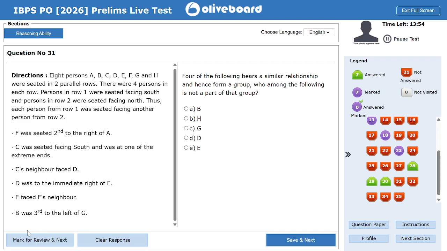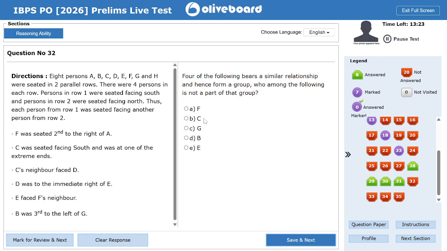Then B was third to the left of G. कोई पॉसिबिलिटी यहाँ पर नहीं है. थर्ड टू द लेफ्ट ऑफ G हो गए. फोर ऑफ द फॉलोइंग BH G, BDGE, H के अलावा सभी रो 1 में हैं. ओके.